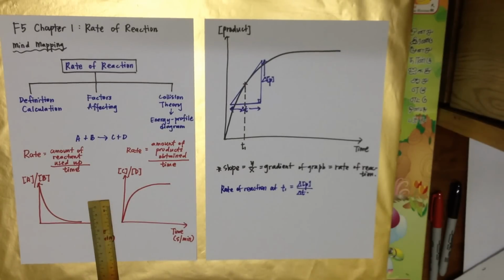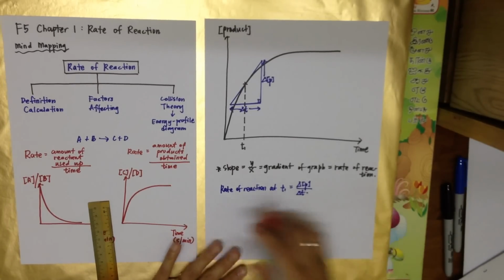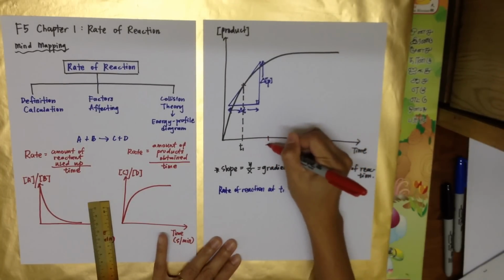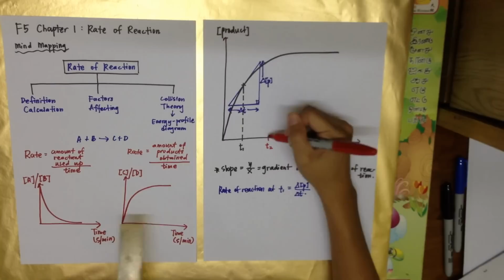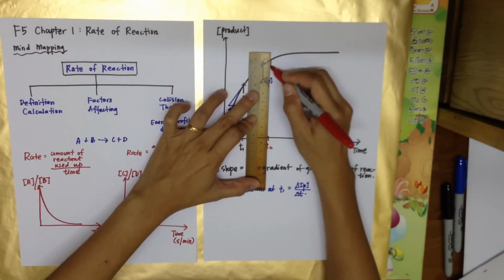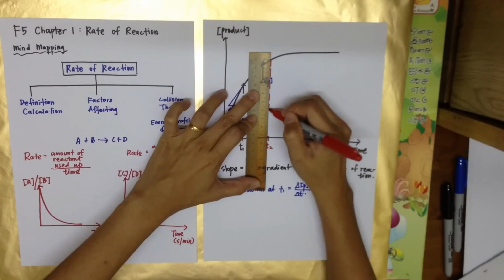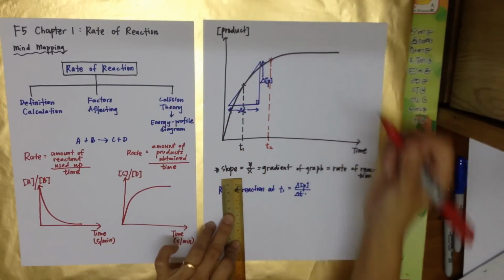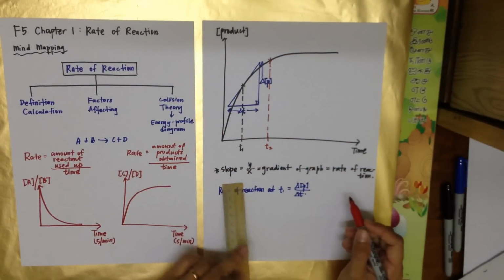So I will present another example for you to see how to measure the rate of reaction at a different time. Let's say we have another example at T2. From here, students, you need to extrapolate T2 to touch the curve, in which you can locate a single point on the curve.